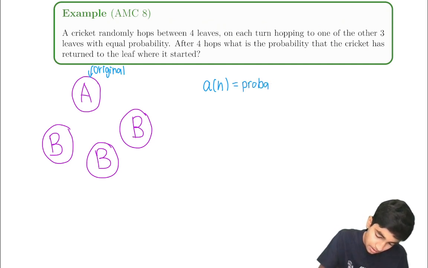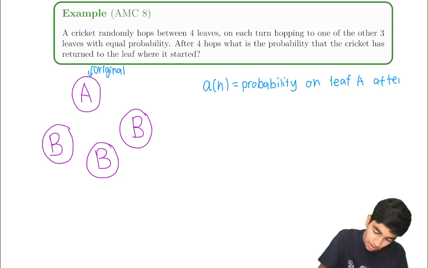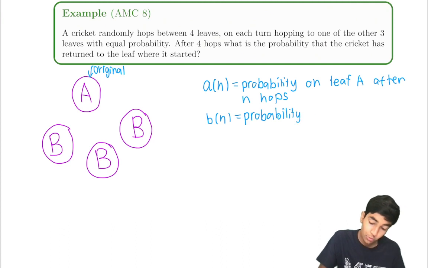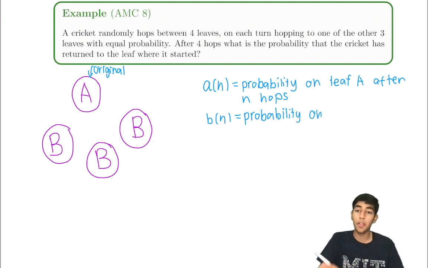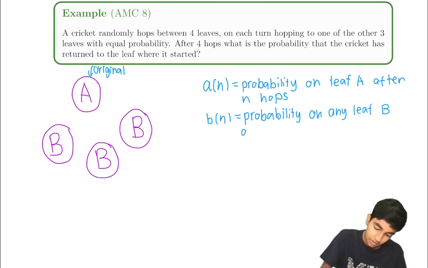Probability on leaf A after n hops. Similarly, let's say B of n is the probability of being on any of the B leaves. So not just one of the B leaves, on all 3 other leaves. So on any leaf B after n hops.